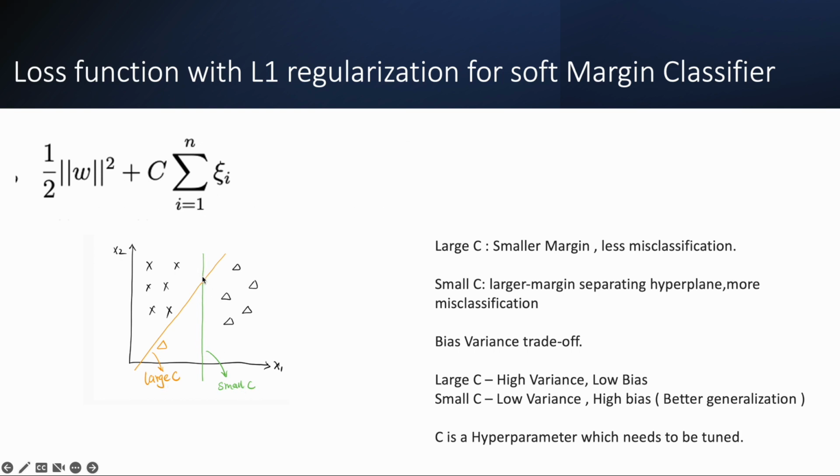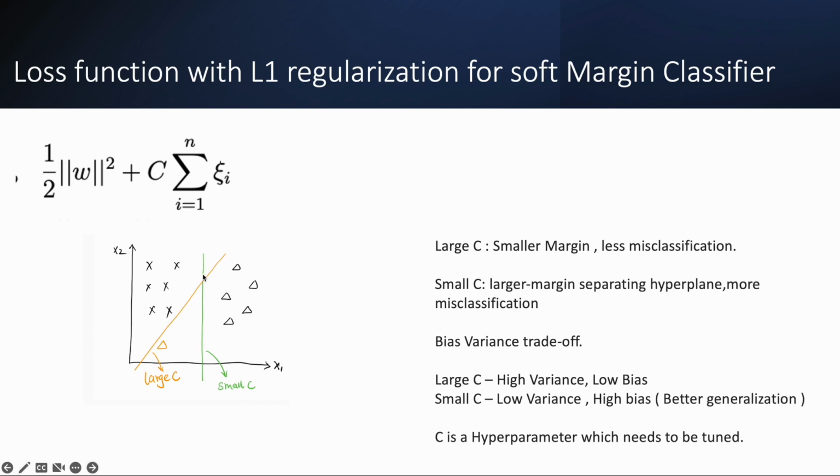Okay. Now let's see another example of what they mean by a small C or a large C. The middle line, the green line, is doing a good job at the classification, right? This has a smaller C. A smaller C means a large margin separating the hyperplane. But what it is doing is allowing a misclassification over here, right? More misclassification. But suppose we draw a line like this, in that case we are increasing the C. We are narrowing down the road.